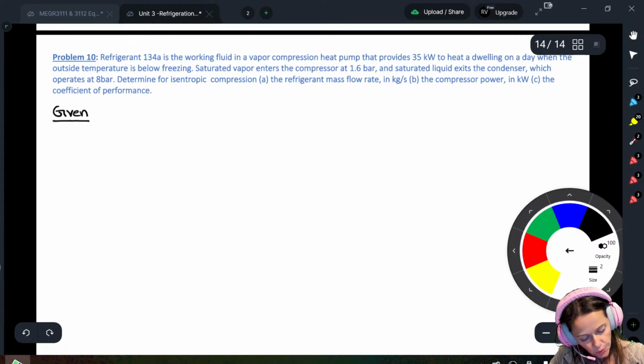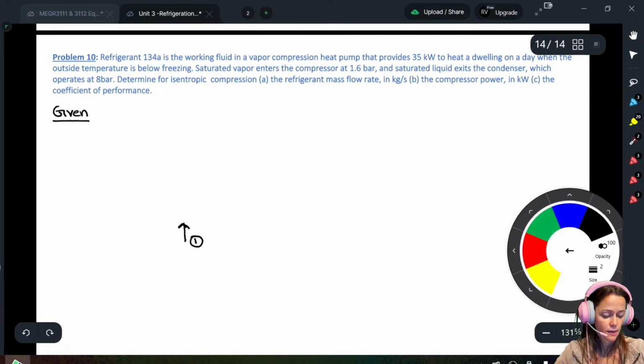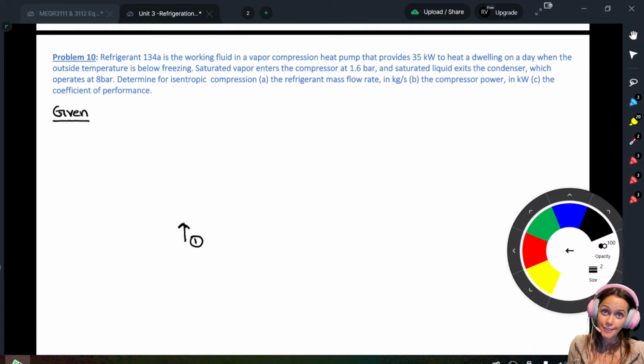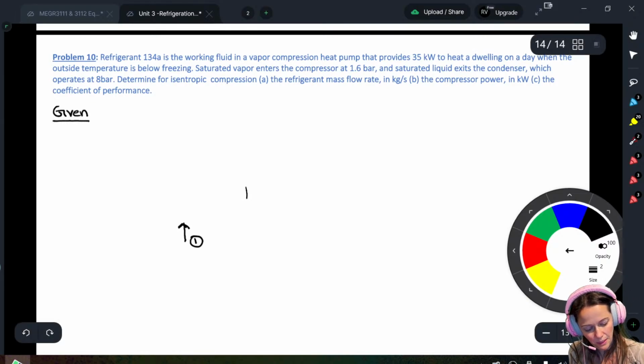So vapor compression, and it's simple, meaning that there are only 4 processes. From 1 to 2, you have an ideally isentropic compression process. And someone mentioned in class the last time that they noticed that we drew the compressors differently. Actually, there were 2 different questions.